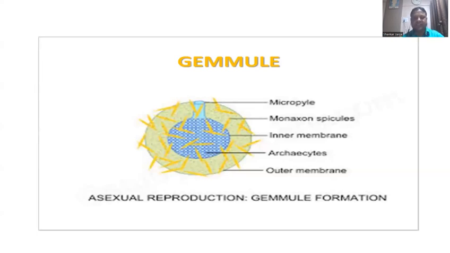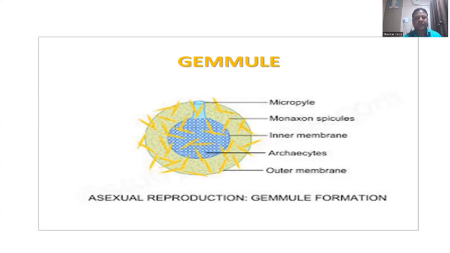During unfavorable conditions, sponges, especially Scypha, produce this kind of internal bud, and when conditions become favorable, this gemmule, especially the archaeocytes, hatches into a new sponge, a new Scypha.